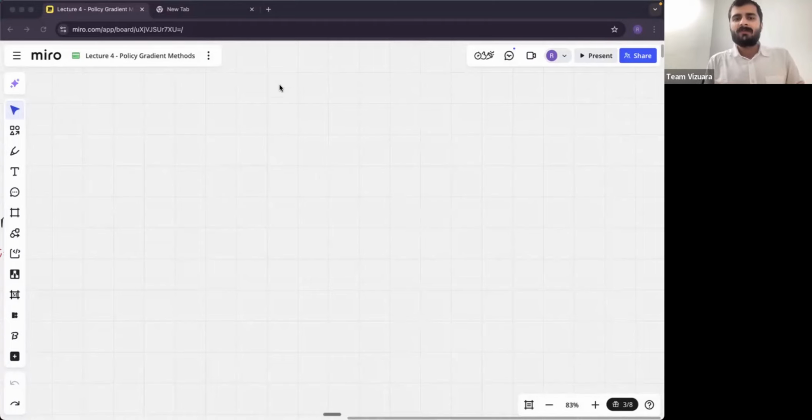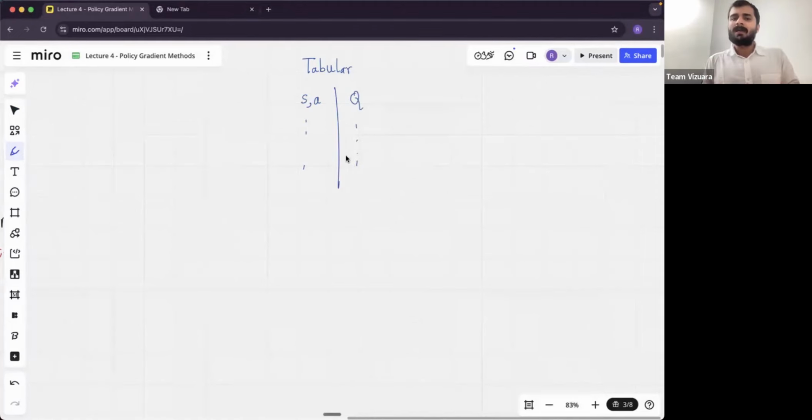So far, the first thing we looked at was tabular methods. In tabular methods, we create a table where you have states and actions as the first column, and the second column is the Q value. And you keep on populating this table so that your estimates of Q values keep on getting better and better.